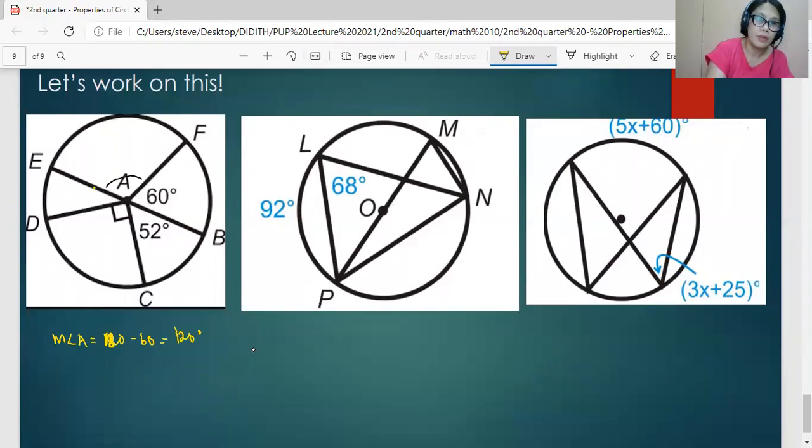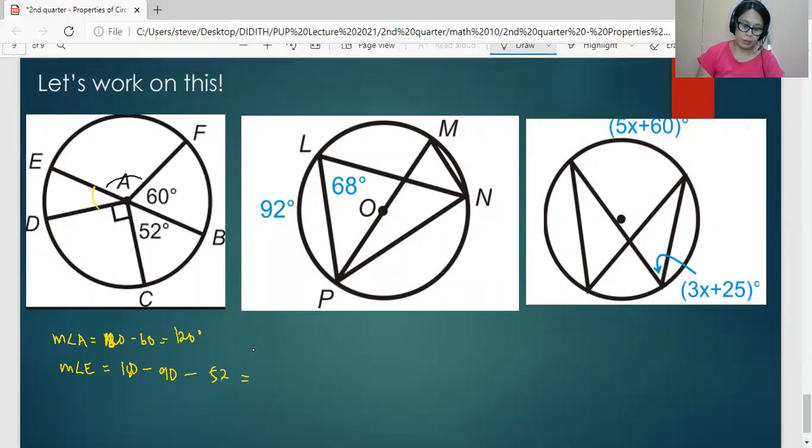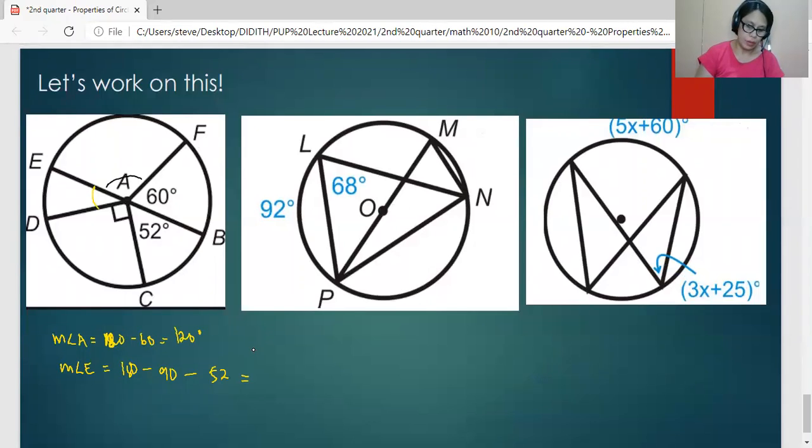Now, this one, measure of angle E, is equal to 180 less the sum of 90, because angle DAC is a 90-degree angle, and 52, which is the measure of angle BAC. So we have 38 degrees.